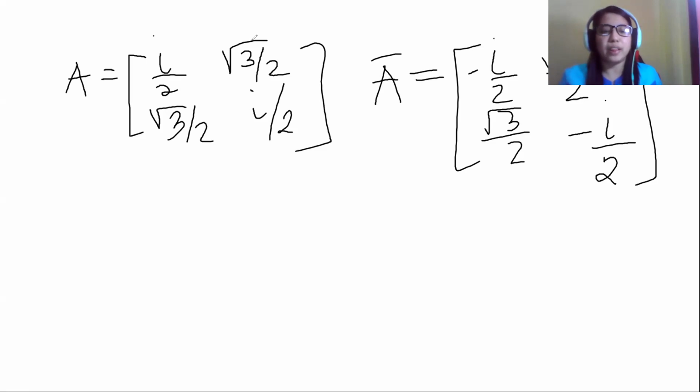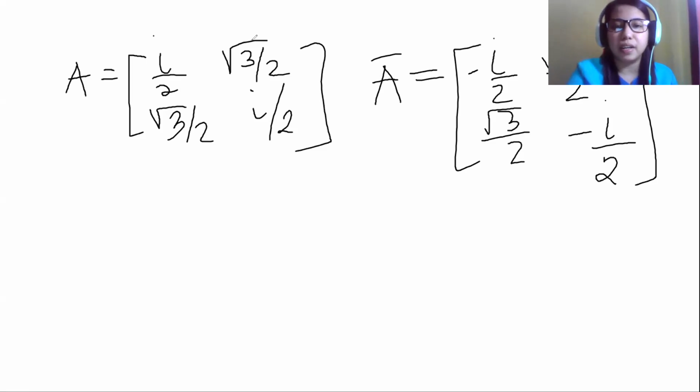So what I meant is that we are going to change the operation, and we know very well that i over 2 is the same as 0 plus i over 2. So the plus sign now will be changed into a minus sign or negative sign. Okay, so let us move to the next one.